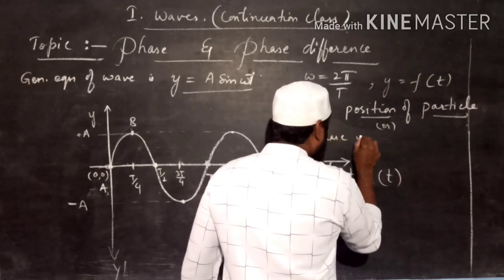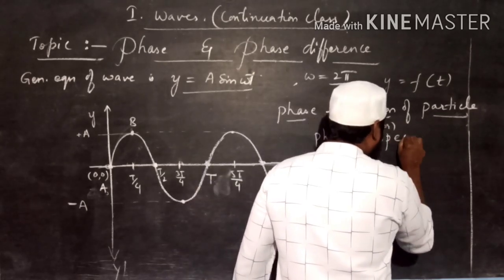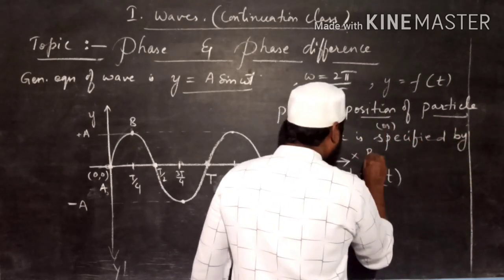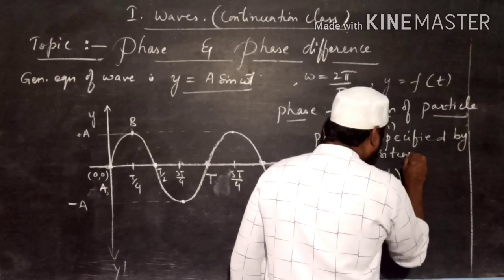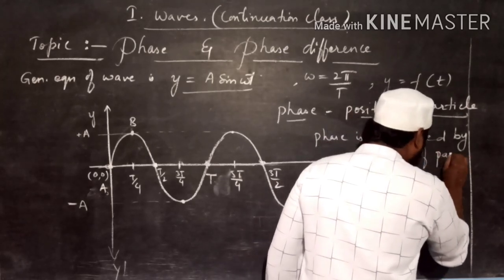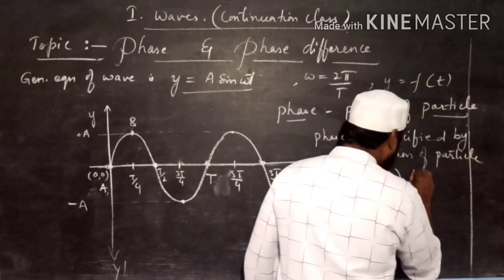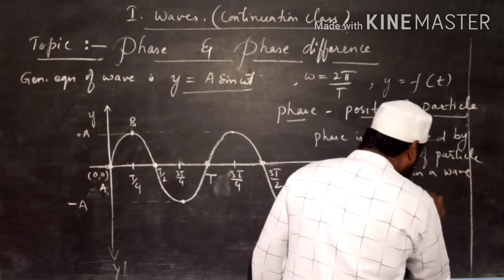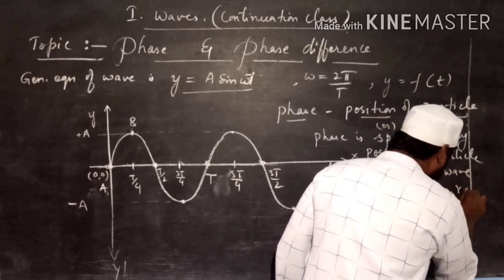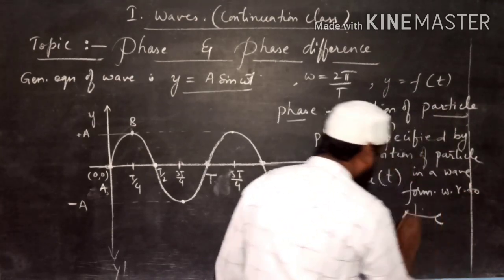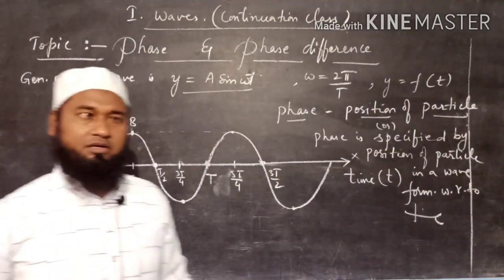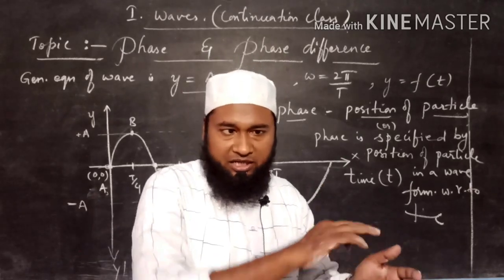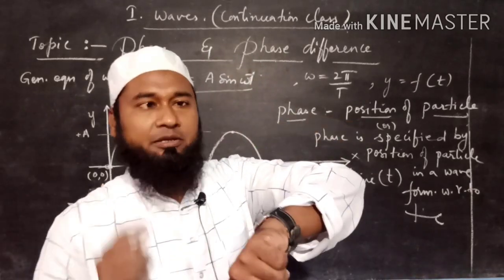Phase is specified by the position of a particle in a wave form with respect to time. So phase specifies the position of a particle in a wave form with respect to time.